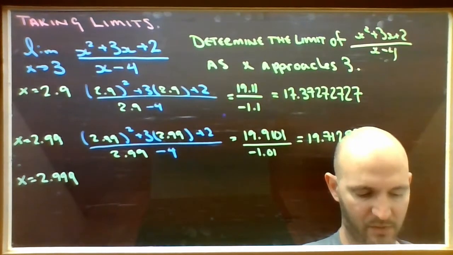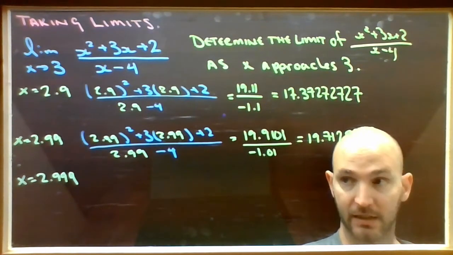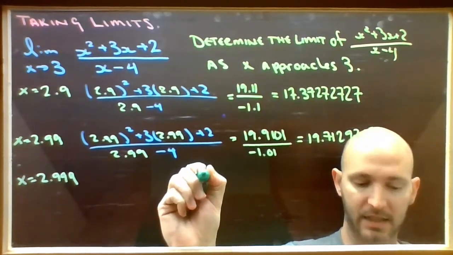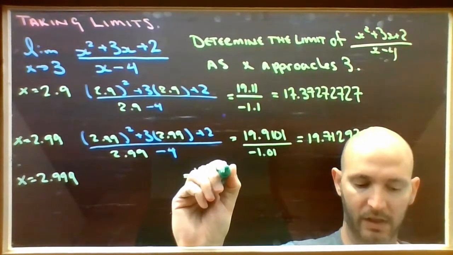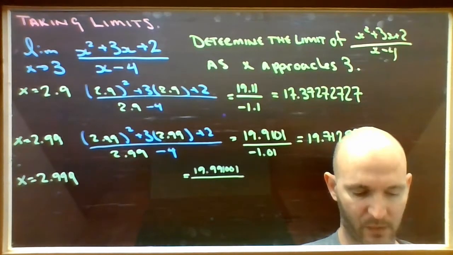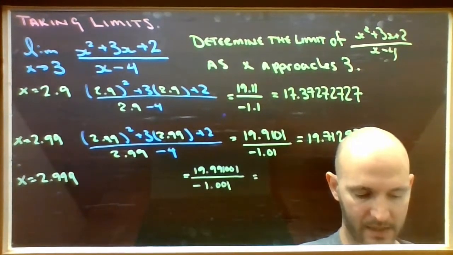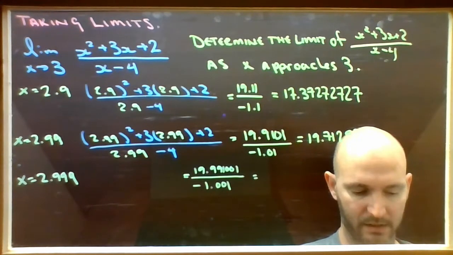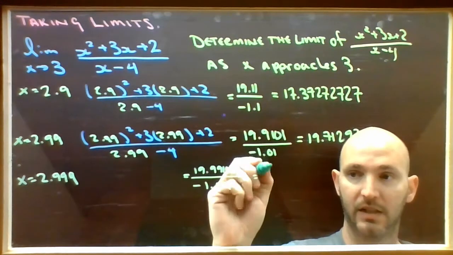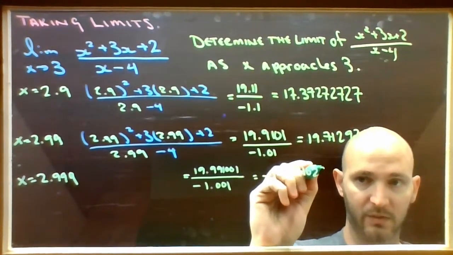So let's see. 2.999 squared plus 3 times 2.999 plus 2 equals 19.991001, and the bottom, 2.999 minus 4, would be negative 1.001, and 19.991001 divided by negative 1.001 gives me negative 19.97102997.